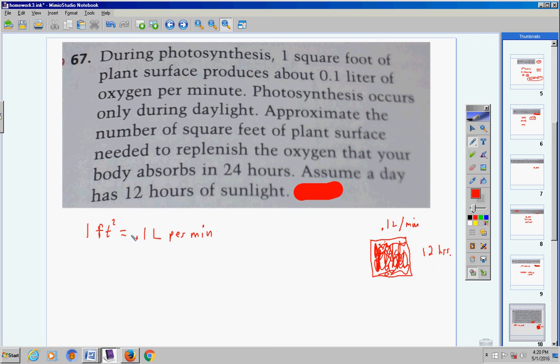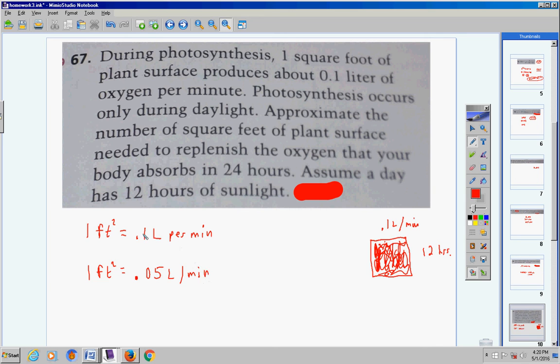And since I'm trying to compare how much oxygen I take to how much the plant produces in 24 hours, I really have to say this. 1 square foot only gives me, let's see here, 0.1 divided by 2, 0.05 liters of oxygen per minute.